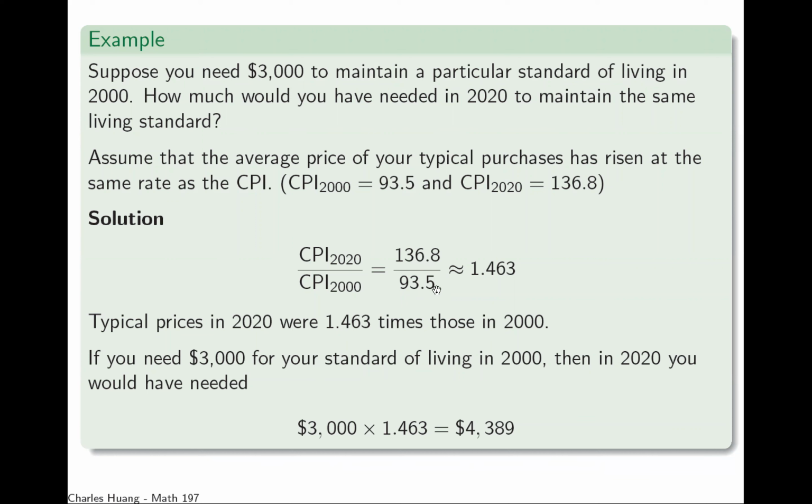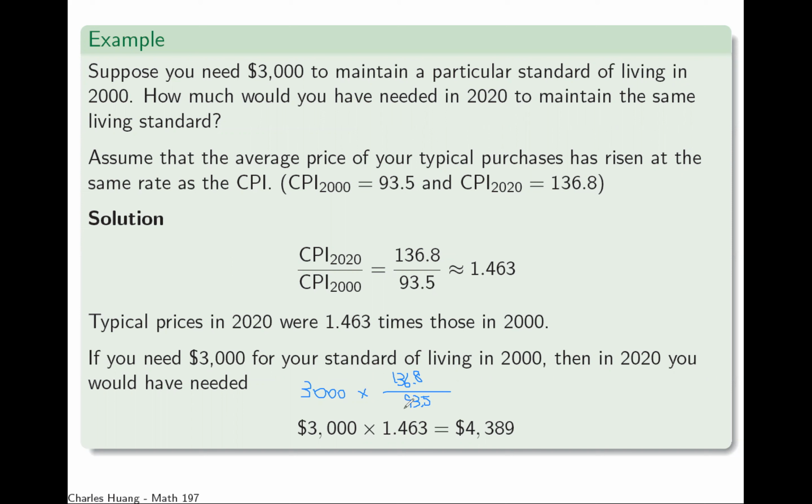You can do them separately here, or you can do them together, like so. You can do 3,000 times 136.8 divided by 93.5. Personally, I like doing it this way better because this is how we do unit conversion. Right?